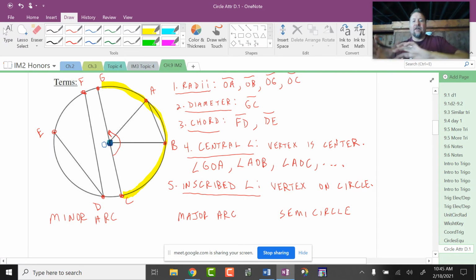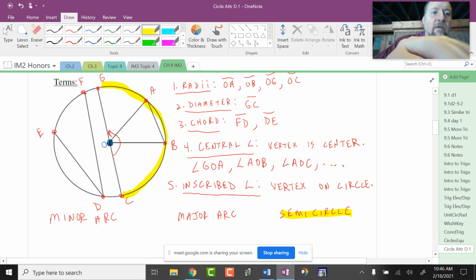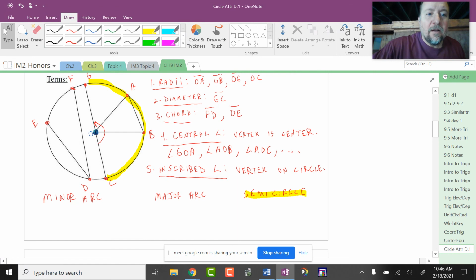So arcs are actually going on the circle itself and naming what is that like compared to the degree measures of the central angles. Now I'm kind of leaking into the relationship of a central angle and the arc it intercepts. What I've colored right there is a semicircle. So this arc can be named, and actually I'm kind of jumping ahead of myself here.